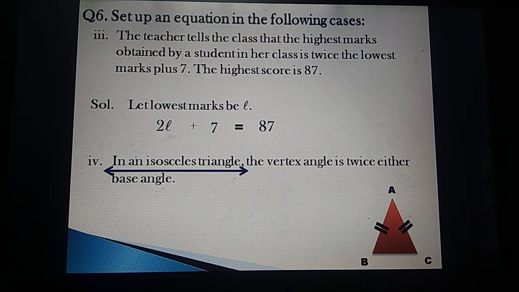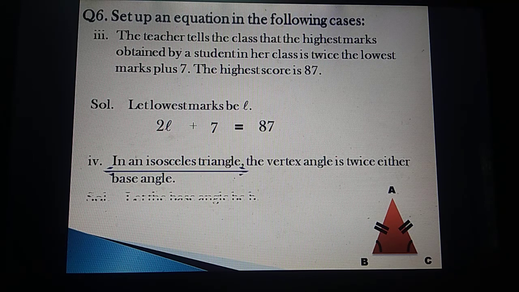My dear children, if the sides are equal, then the base angles, the opposite angles, are also equal. So here angle B and angle C are equal to each other, and these are the base angles. In the question, the vertex angle is related to the base angle.